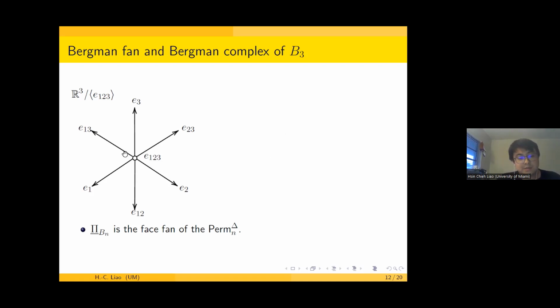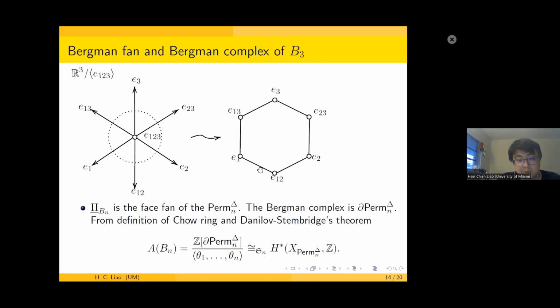And if you look at these, this is actually the face fan of the dual of the permutohedron when n equals 3. We can intersect it with a sphere, then we'll get a simplicial complex like this, which is a hexagon. So this is the Bergman complex, and it is the boundary of the permutohedron when n equals 3.